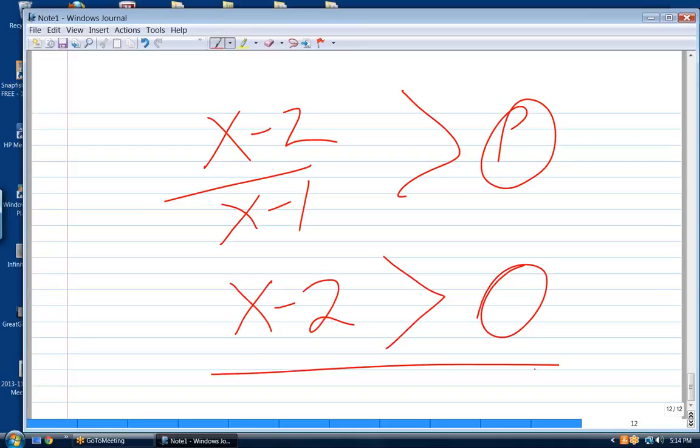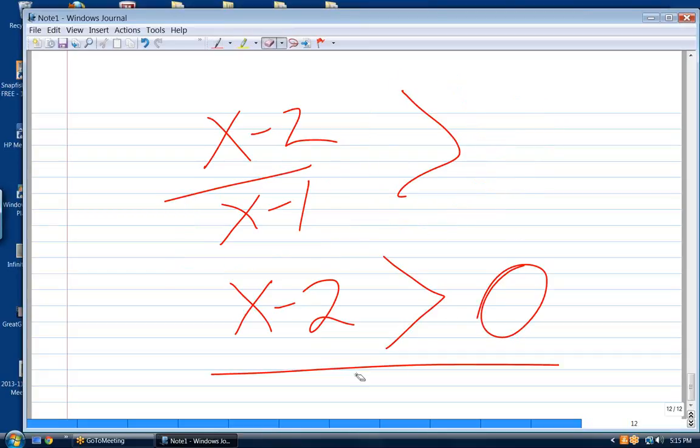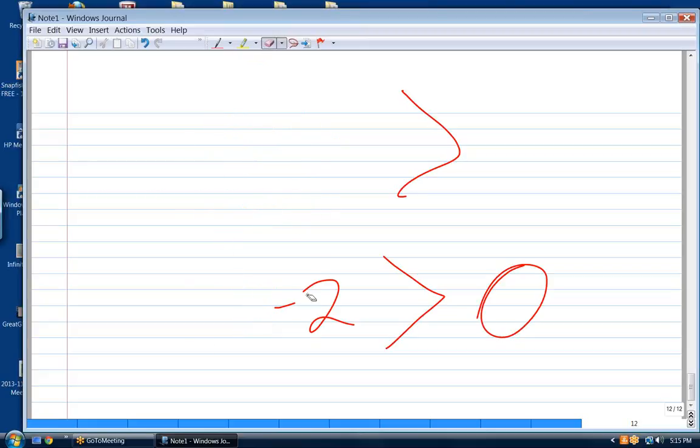The reason is because when I multiplied both sides by x minus 1, I didn't know whether that was a positive or a negative number. So I don't know what to do with the inequality sign. So be very careful when you're solving inequalities by multiplying or dividing by variables. You should never multiply or divide by variables.